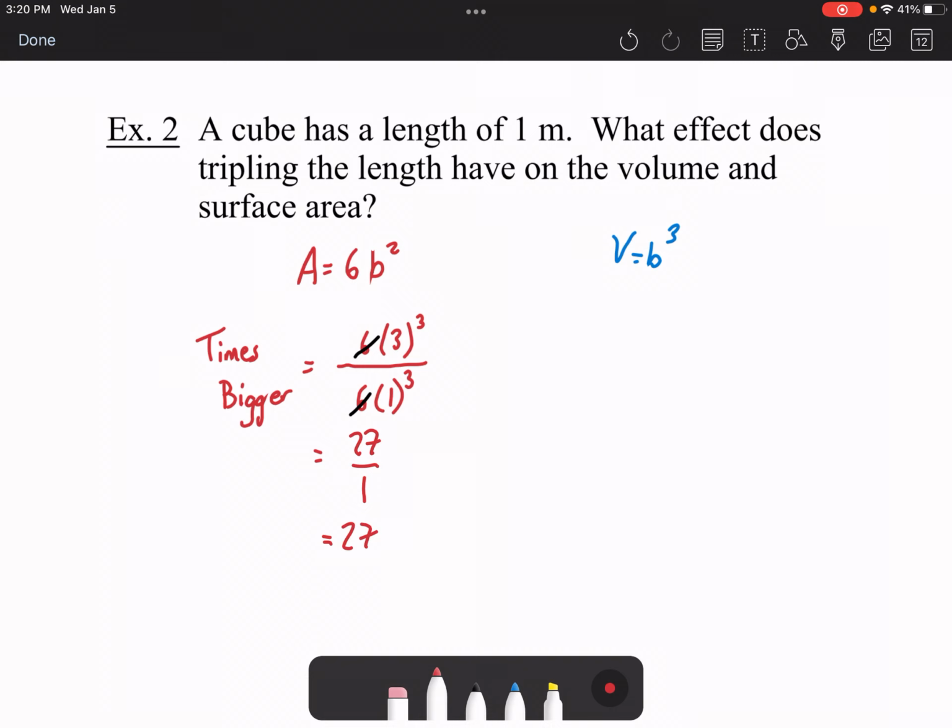Oh, sorry, my apologies. I worked that out. That's supposed to be a squared. So that should be 9 and 9. So 9 times bigger, actually. Okay, let's look at the volume.